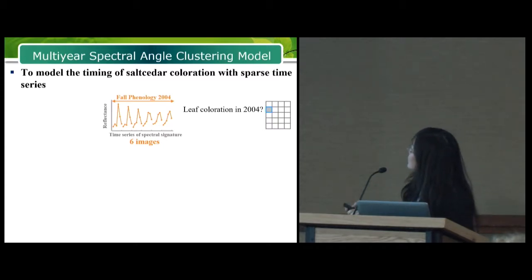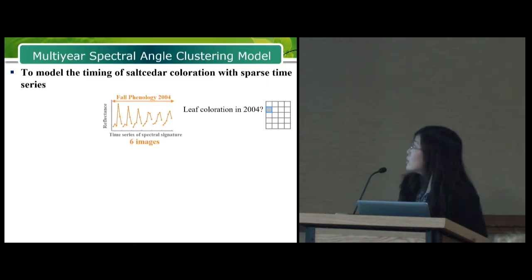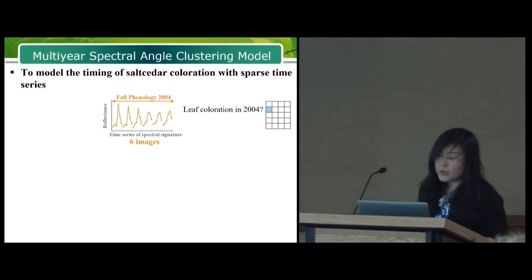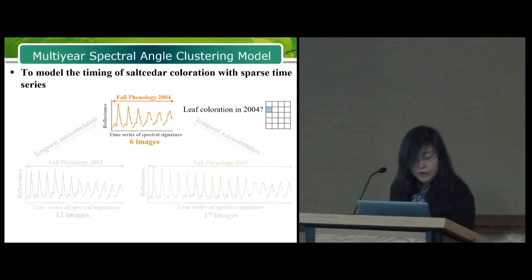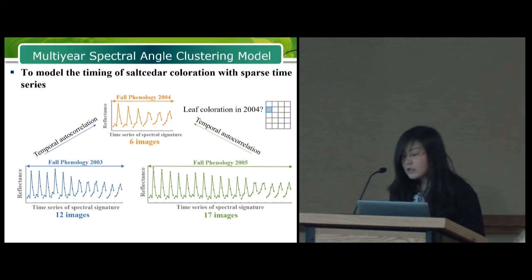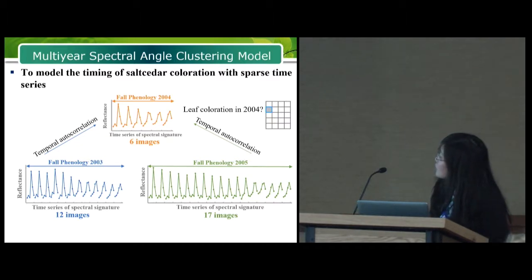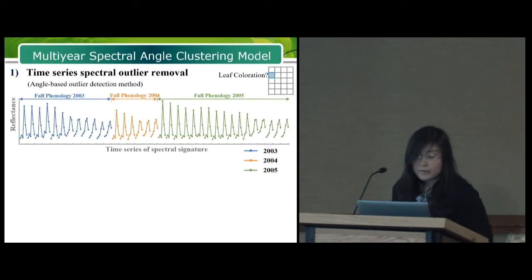In the year 2004, we might have like 6 images available for this specific location, and here we use the spectral information to represent the imagery. This model leverages all the imagery in the surrounding years, here 2003 and 2005, to temporally interpolate the fall phenology of the year 2004 in order to predict the leaf coloration timing.